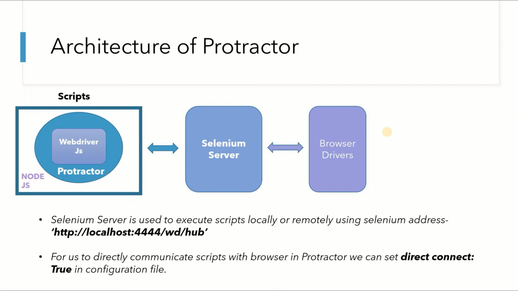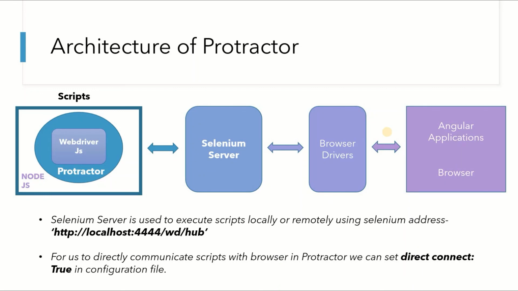And the browser driver further interacts with the desired application that we want to perform some action on. So now guys, in Protractor, for us to directly communicate from scripts to the browser driver, we have a configuration which is directConnect. And we can set this directConnect to true.